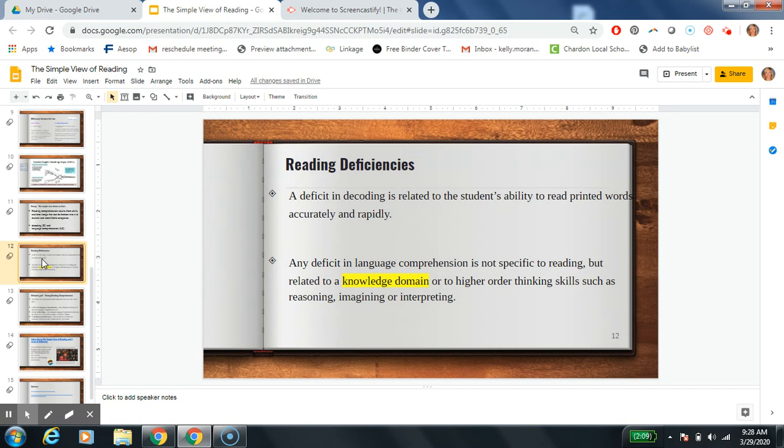Deficits in language comprehension, however, are not specific to reading, but are related to a knowledge domain or to a higher order thinking skill, such as reasoning, imaging, or interpreting that we talked about earlier. Again, those knowledge, that's content, that's understanding facts.